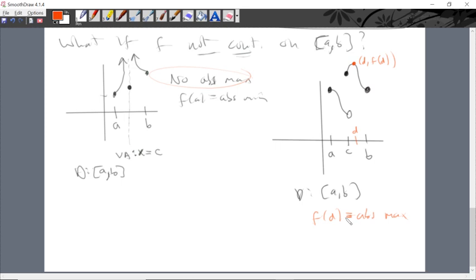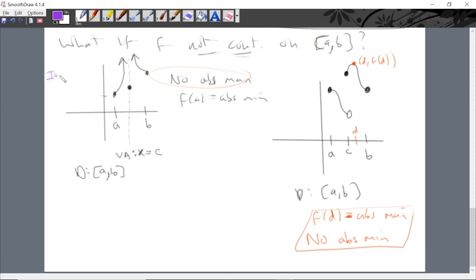What about an absolute minimum? Does the function have one? It could have had one, but it doesn't in this case. It's approaching an open point here, and that would have been the minimum if it were filled in, but it is not. So the function has no absolute minimum.